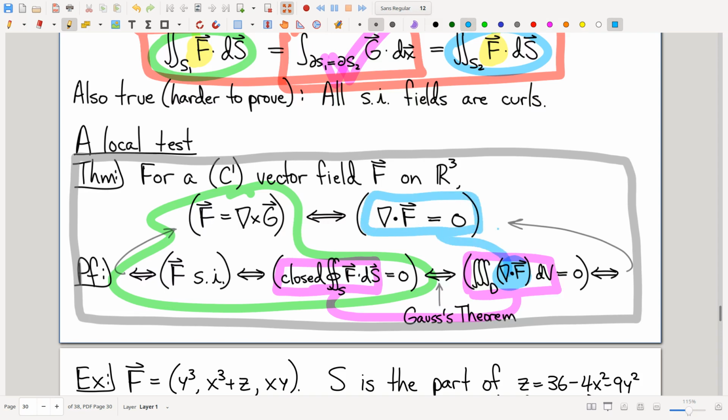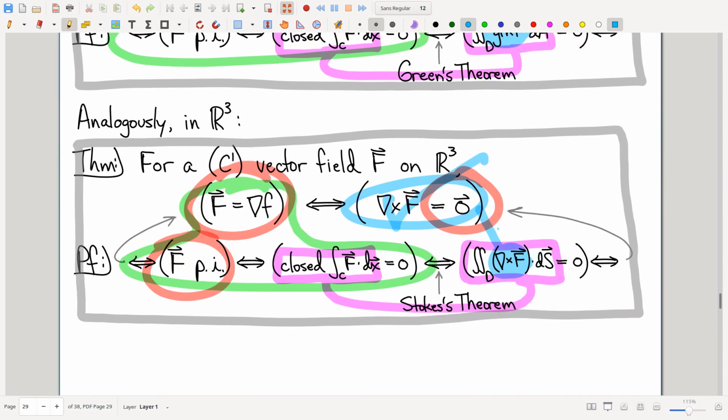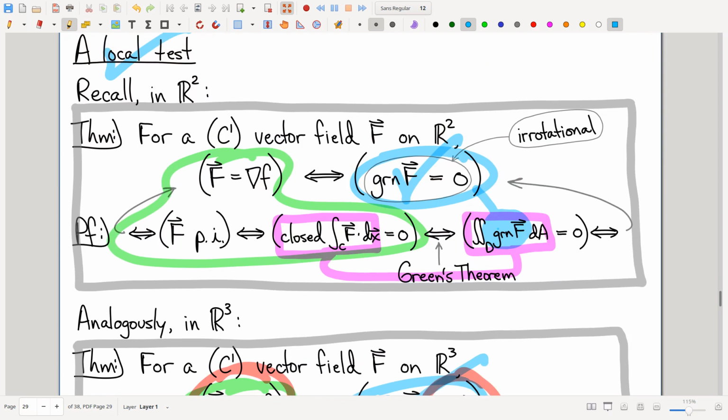Notice it's very similar to the argument that we made back here about how Stokes' theorem helps us see that curl is our local test for gradients in 3 dimensions. And likewise, Green's theorem helps us see that Green's operator is our local test for gradients in 2 dimensions.